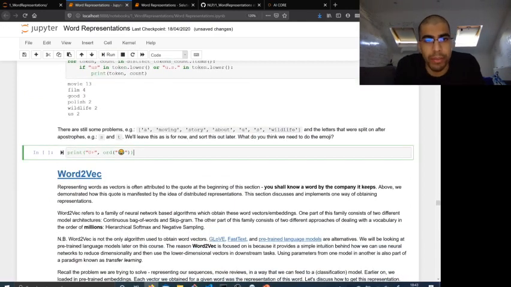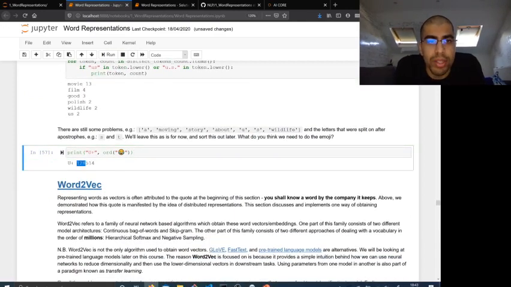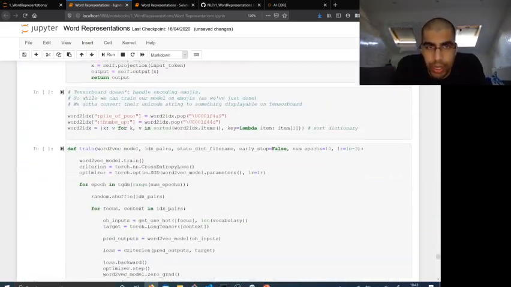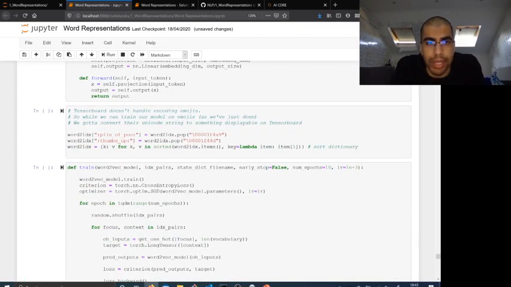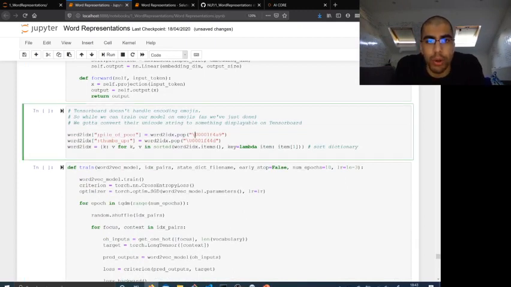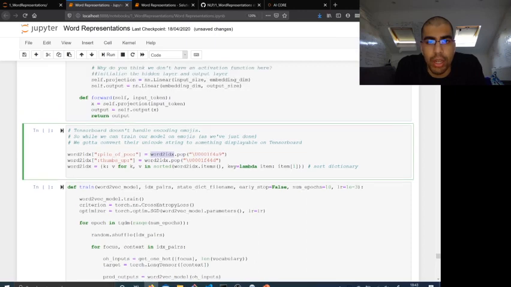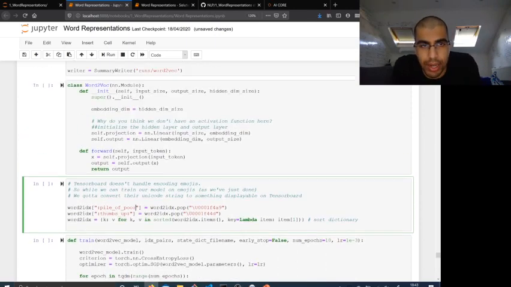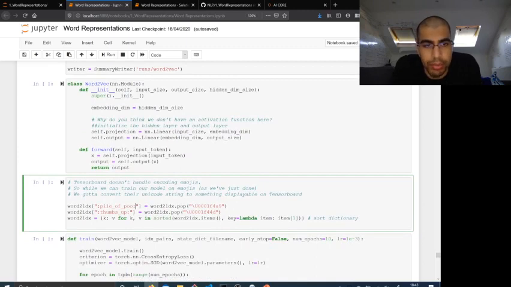This laugh emoji is represented by the Unicode 128514. Because TensorBoard doesn't support this Unicode encoding, we need to rename the Unicodes in our word-to-index dictionary with something which is, one, human readable, and two, understandable by TensorBoard. So that's all we're doing with this block of code.